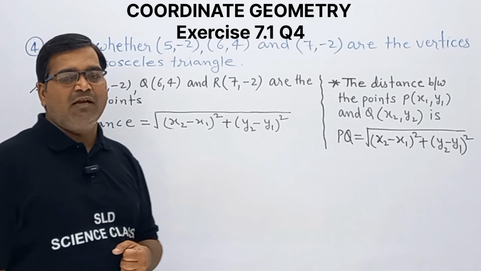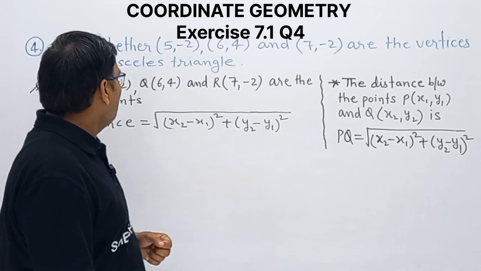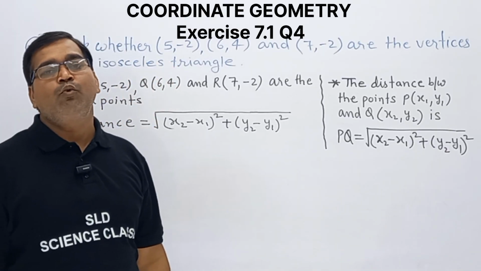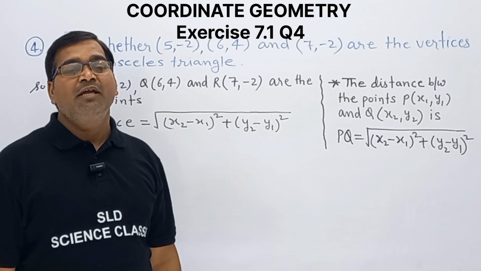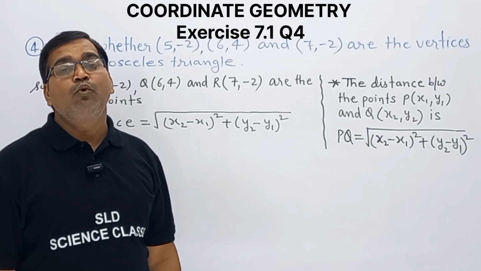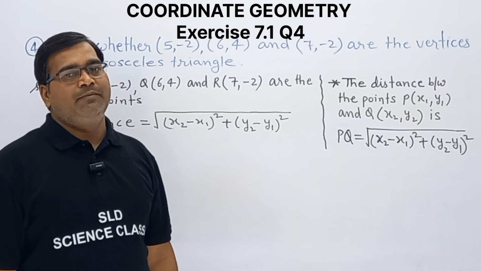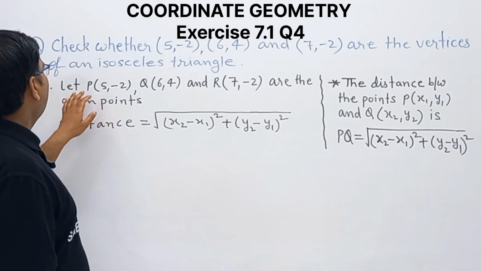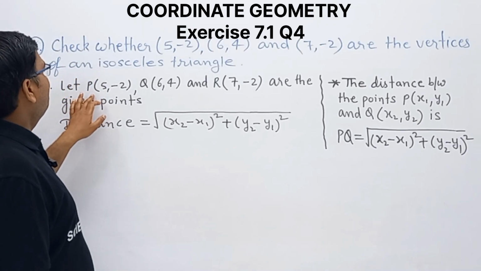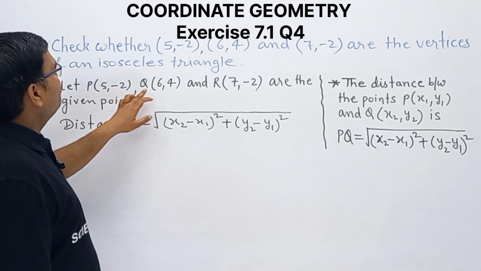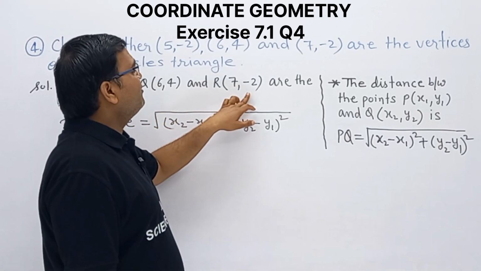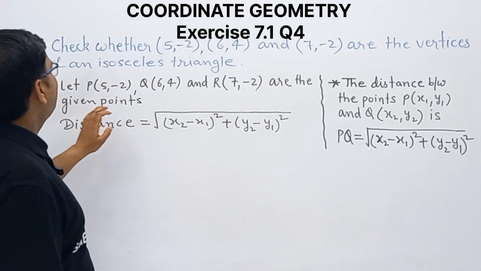We know well that an isosceles triangle has two equal sides. So, we are assuming P (5, -2), Q (6, 4) and R (7, -2) are the given points.